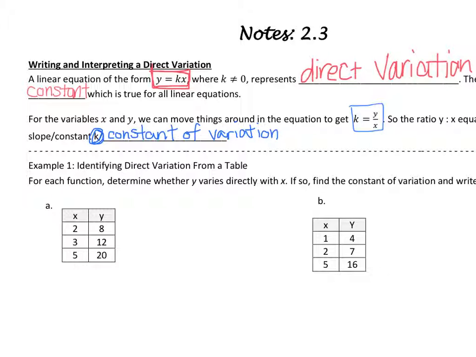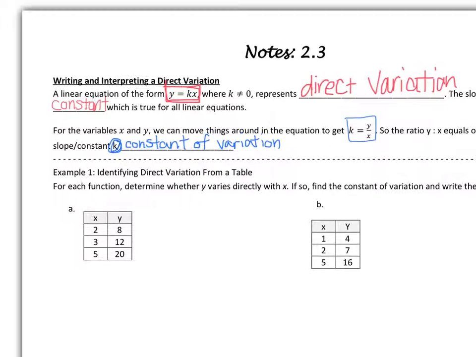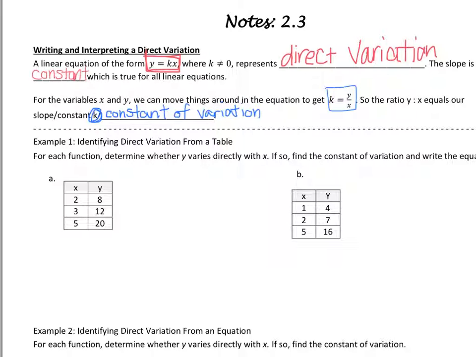All right, let's do the example. For each function, determine whether y varies directly with x. So we're either going to say yes, it varies directly with x, or no, it doesn't. If it does vary directly with x, find the constant of variation and write the equation. First, we have to figure out if it varies directly with x.